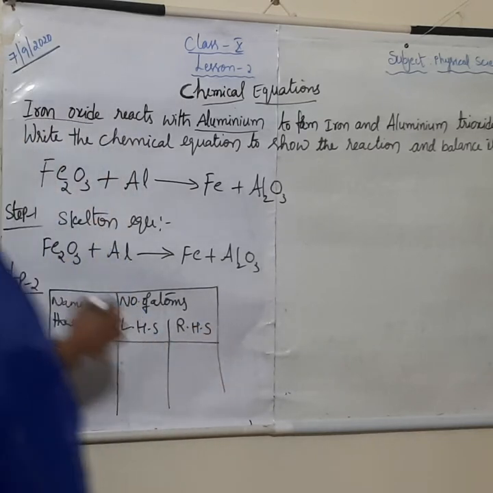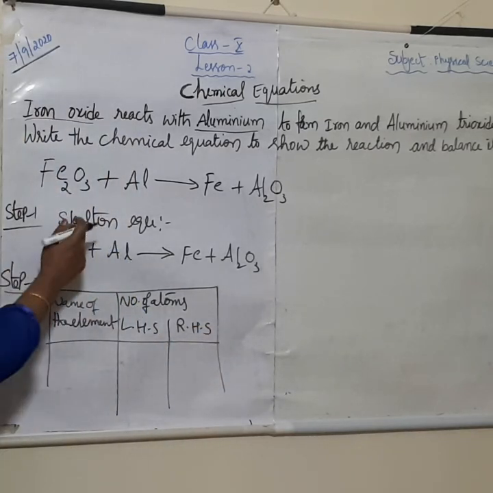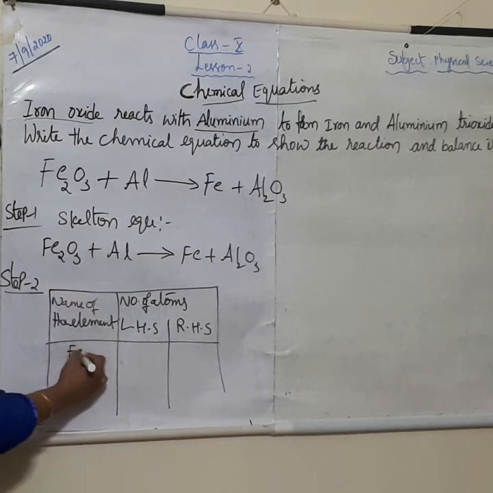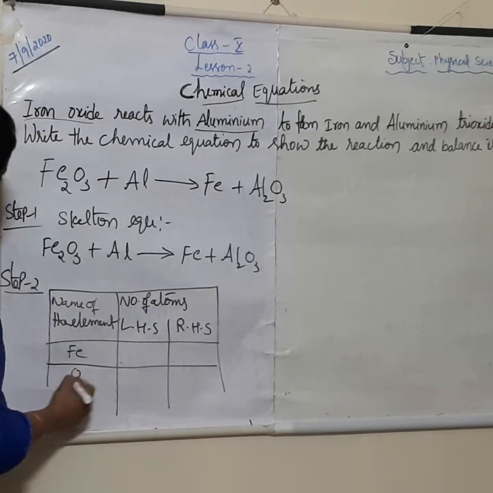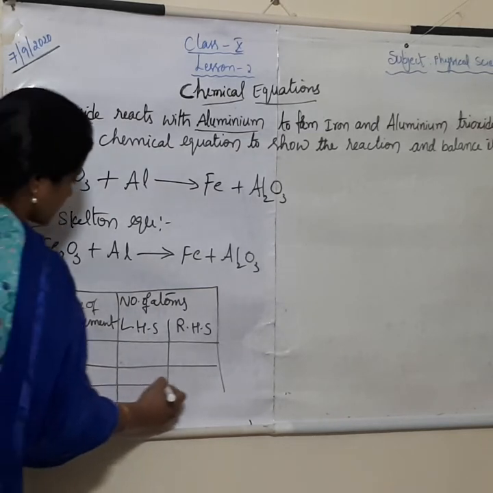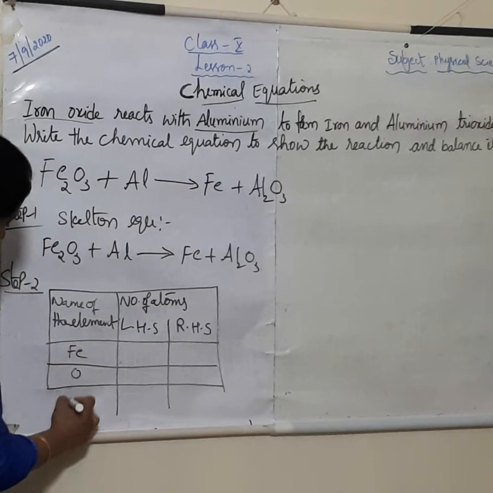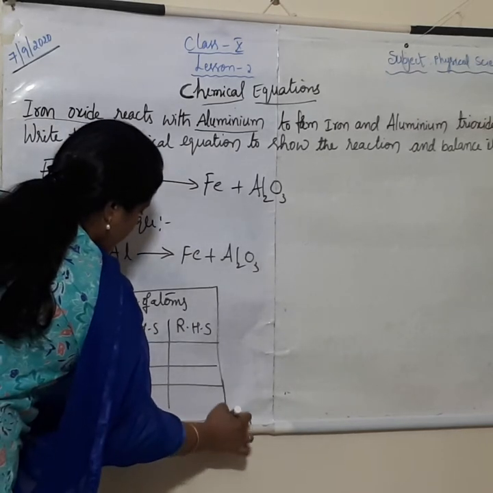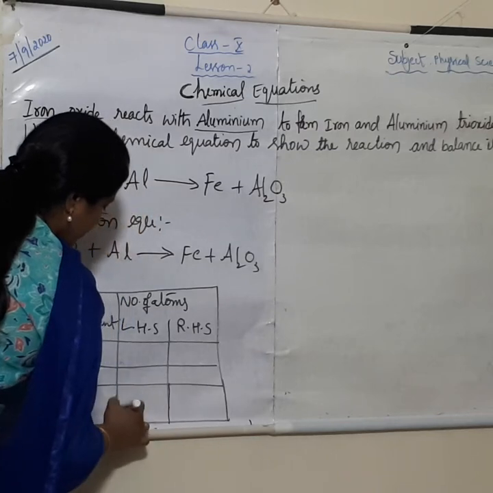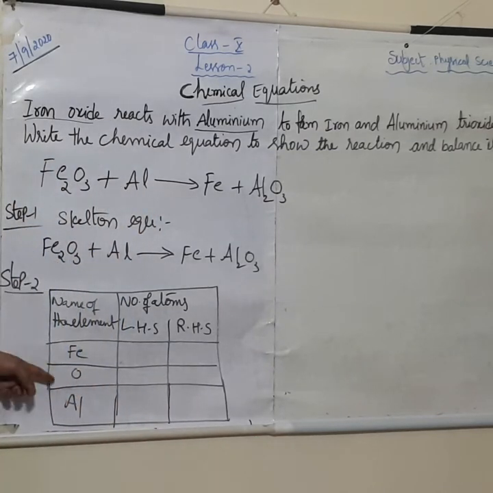So like this you must write it. What are the elements? Iron, oxygen and aluminium. So these three elements are there.